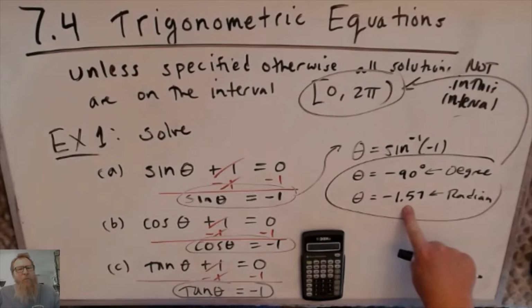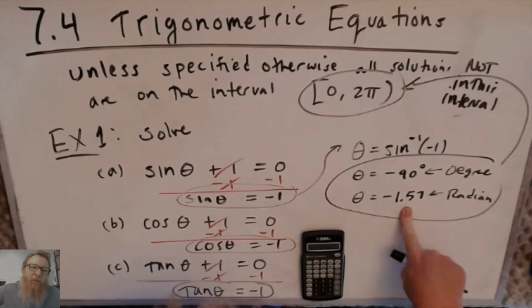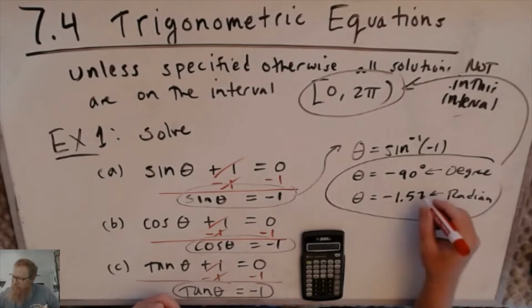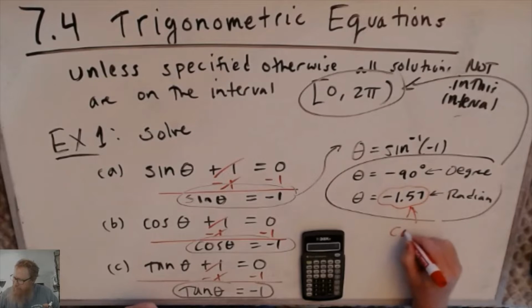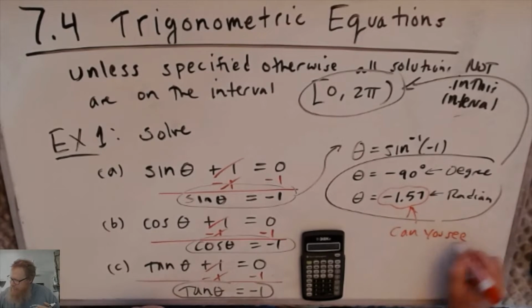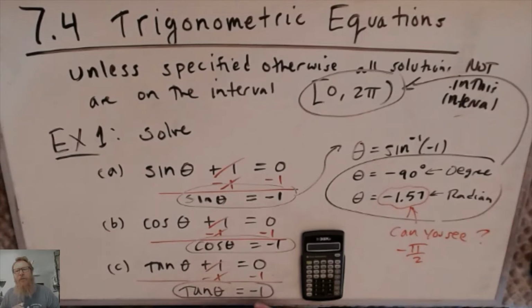Technically, -1.57 is a radian measure. I'm not sure if you recognize it. It's -pi/2. It's not very easy to see, but I'll ask you, can you see -pi/2?